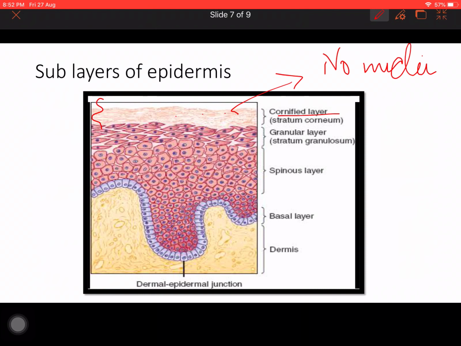They have already lost their nuclei, and these cells are piled in layers, one above the other, and filled with keratin. What is keratin? Keratin, we all know, is made up of protein. It is the chemical basis of the skin, hair, feathers, horns.